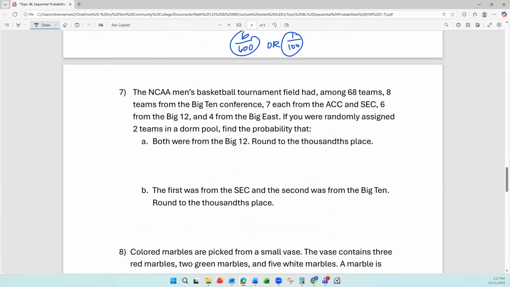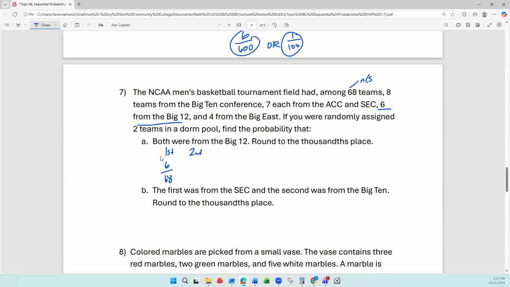Number 7, we are looking at 68 teams altogether. We have some of the team descriptions included, not all of them, but you're randomly assigned 2 teams. So there's going to be a first and a second. Probability both were from the Big 12. Again, probability the first was from the Big 12. There was 6 in the Big 12 out of the 68.